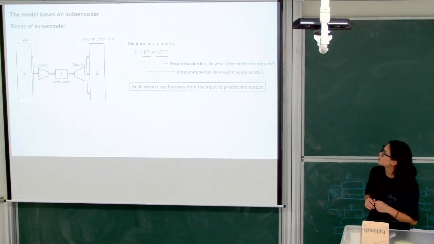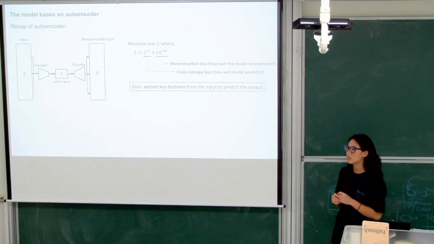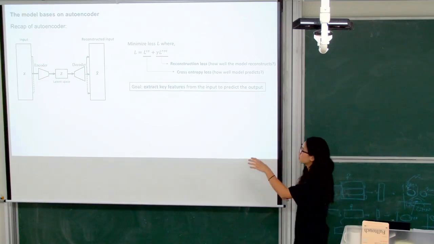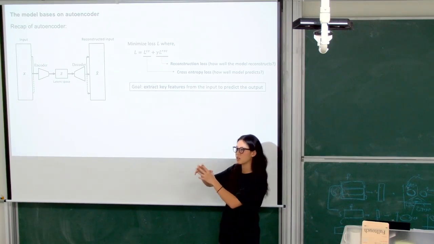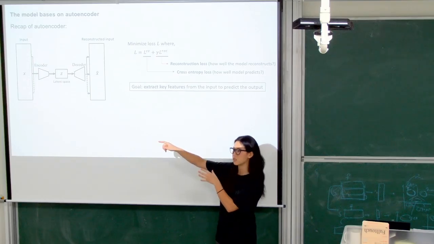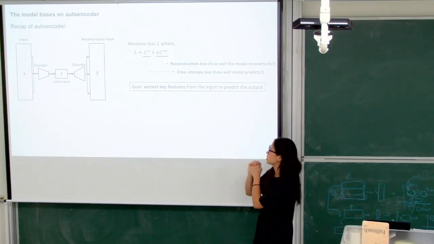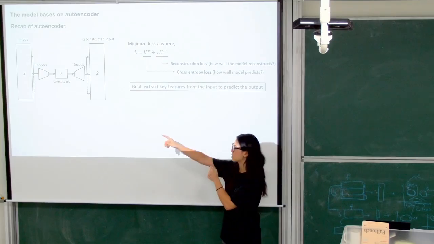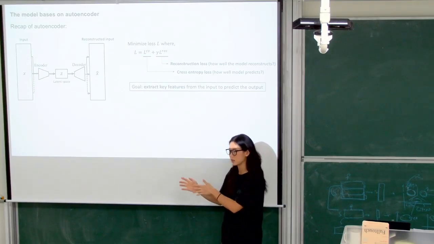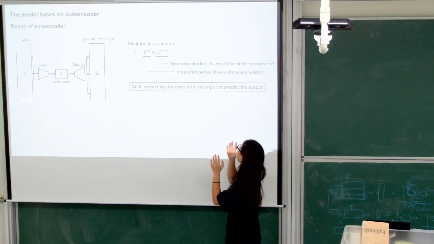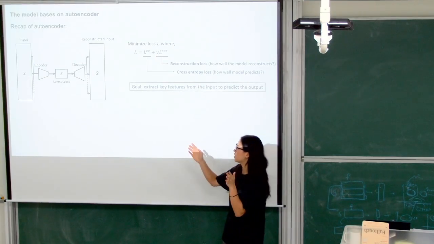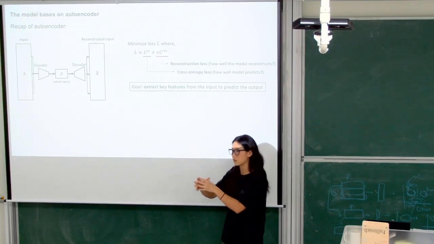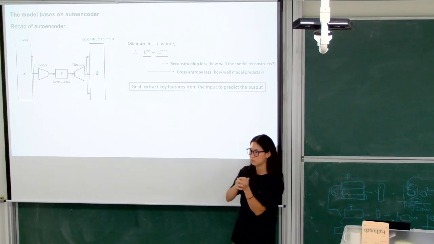Reconstruction is, I think, to see how well the latent space is not losing any information from the original input. So checking reconstruction is making sure the latent space isn't losing any information, and how well the model predicts is checking if the latent space itself is able to predict the output.